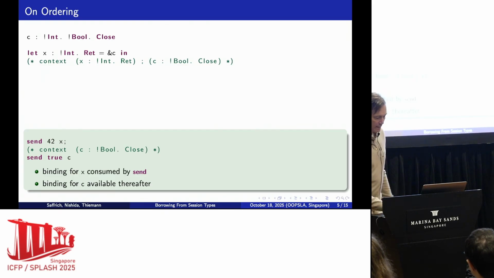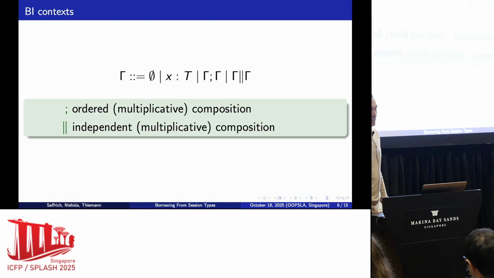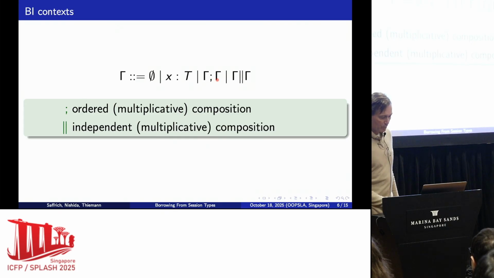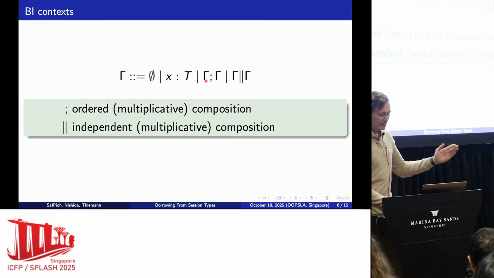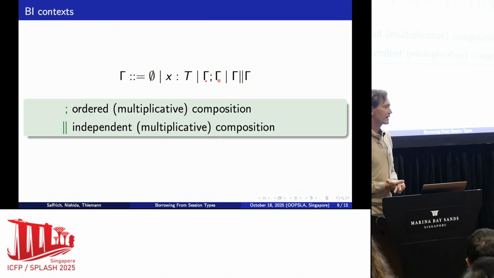Now, what's the secret sauce behind the semicolon? That's called BI context. So we're using BI context and ordered and unordered composition there. So here we have the semicolon, that's ordered composition, and it means stuff that is bound in the left gamma has to be consumed completely before stuff that's bound in the right gamma.